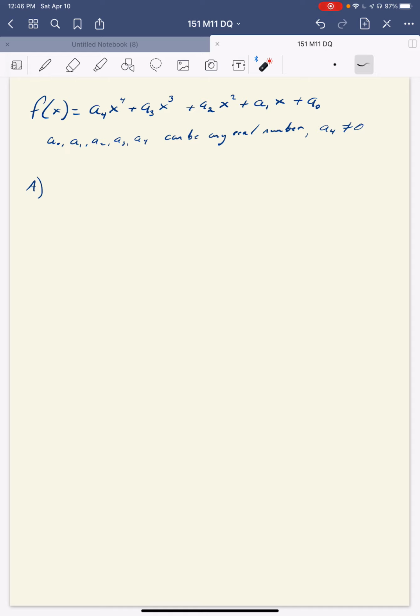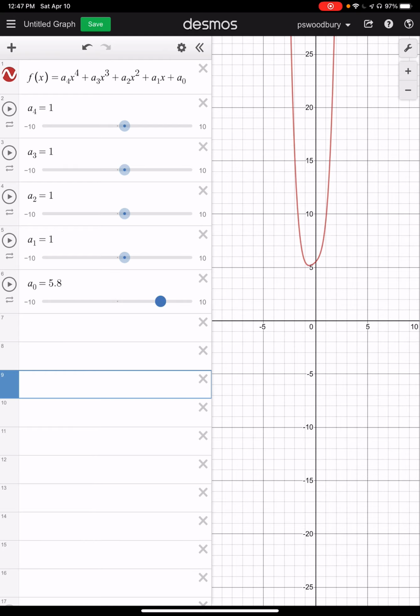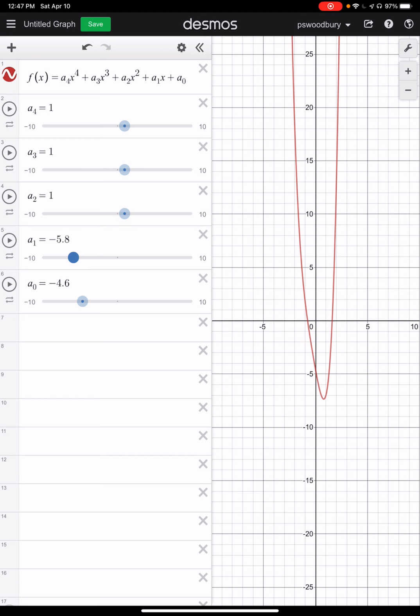Here I have the function typed into Desmos, and when I first set up the sliders, Desmos always makes all the values of the sliders equal to 1 to start with. But remember, those a parameters can be any number at all. So I can change the look and feel of this graph just by changing these values.